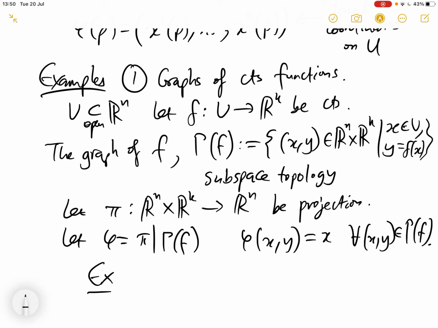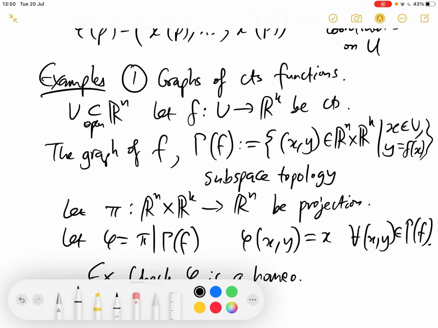So it's a nice exercise, actually, to check that φ is a homeomorphism.